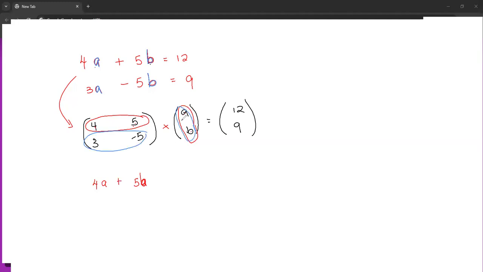So you're going first times the first plus the second times the second. So this becomes 3A minus, because we have two different signs coming together, the 5B. So this is what we have here. So when I multiply this back out, I'll get back this.